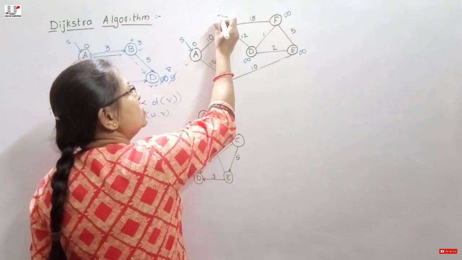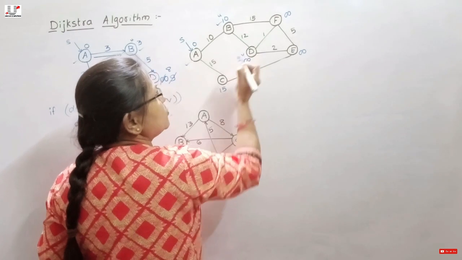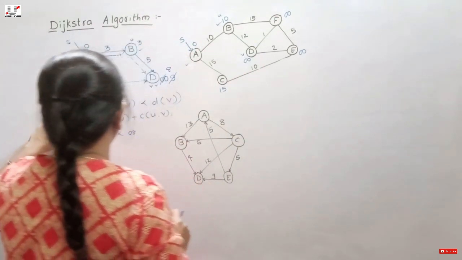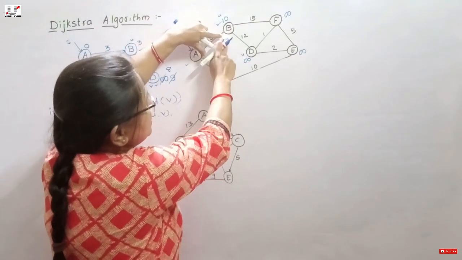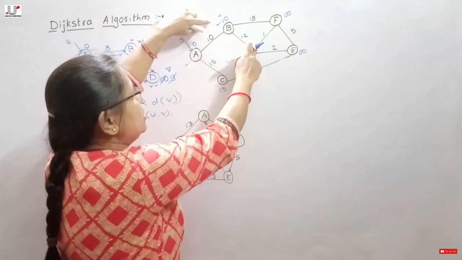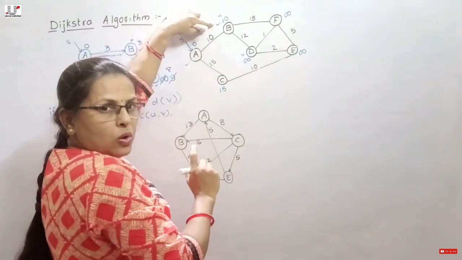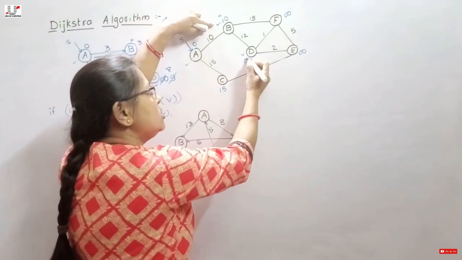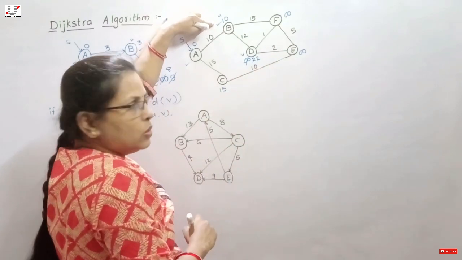Now mark B as U and D as V. The distance of U is 10 plus the cost of UV, which is 12. So 10 plus 12 gives 22, and 22 is smaller than infinity, so replace that infinity with 22.